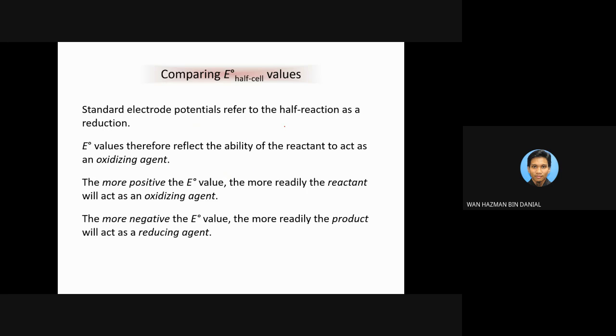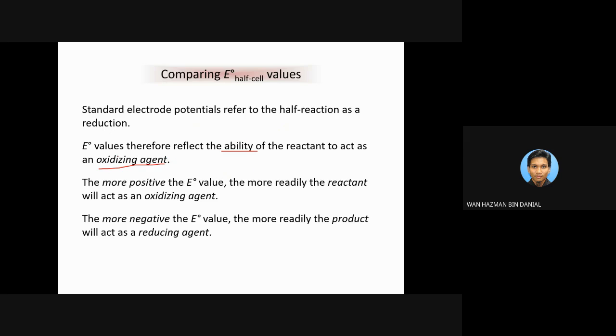Now let's look at the standard electrode potential I mentioned earlier. To measure which has a greater tendency to reduce than the others, the E values reflect the ability of the reactant to act as the oxidizing agent.